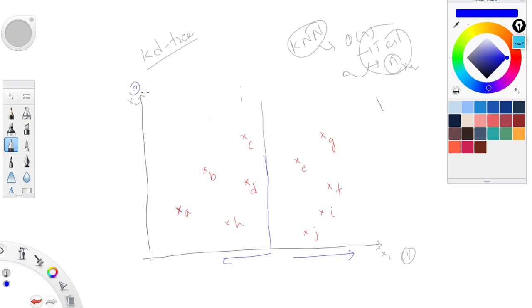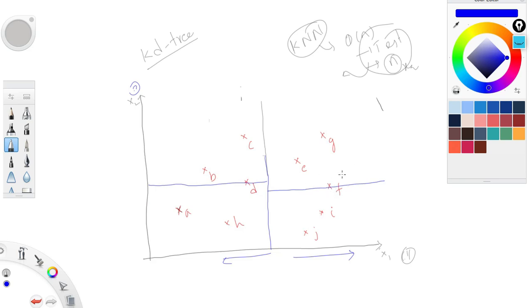This is the other axis. Here we have 5 points, and we can split like this. Similarly for here also, we split like this, taking the mean.